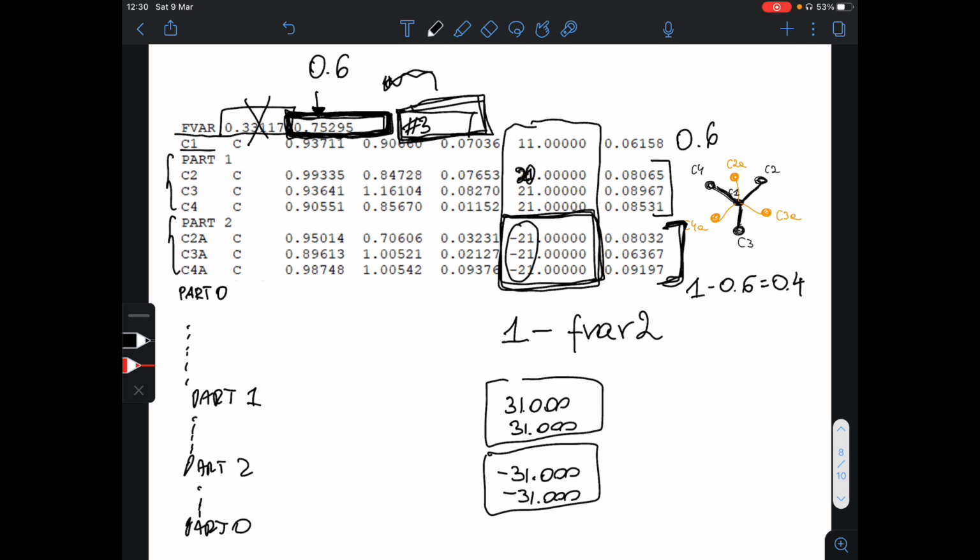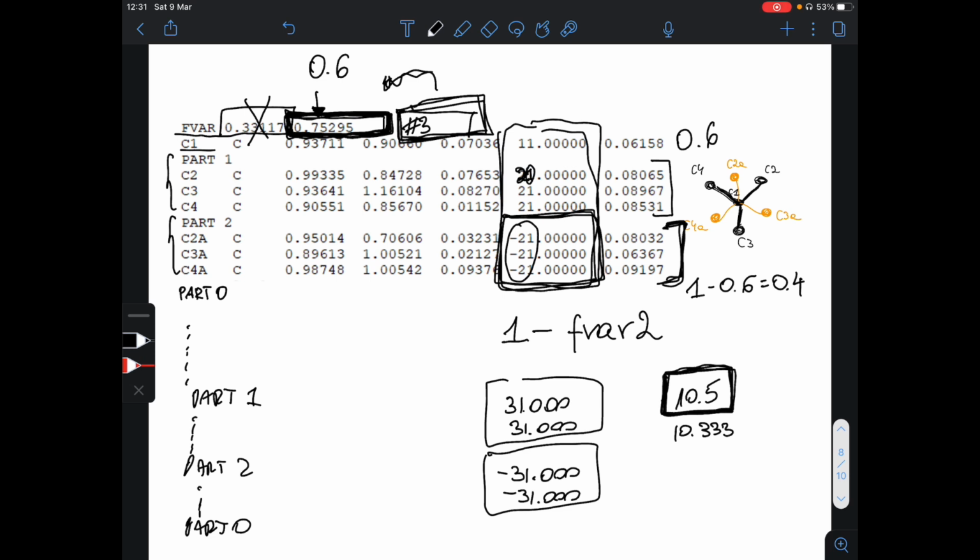If our number here was equal to, for example, 10.5 or 10.333, it means that occupancy of this atom is fixed. If it's 10.5, the occupancy is half. It's not refined. It's not related to any of these free variables.